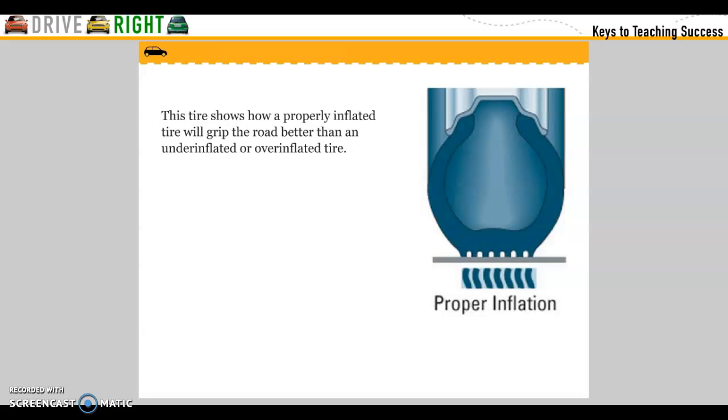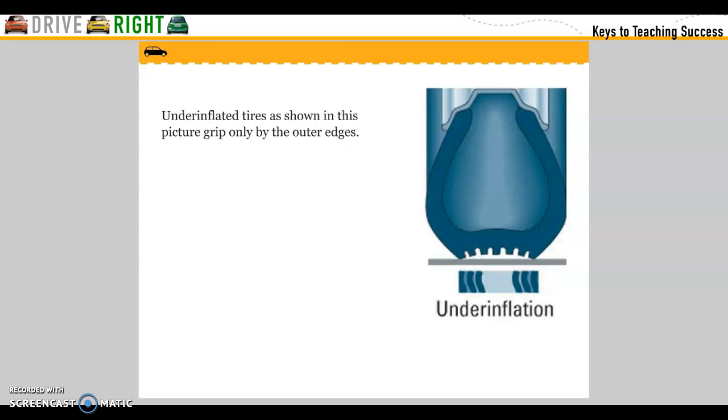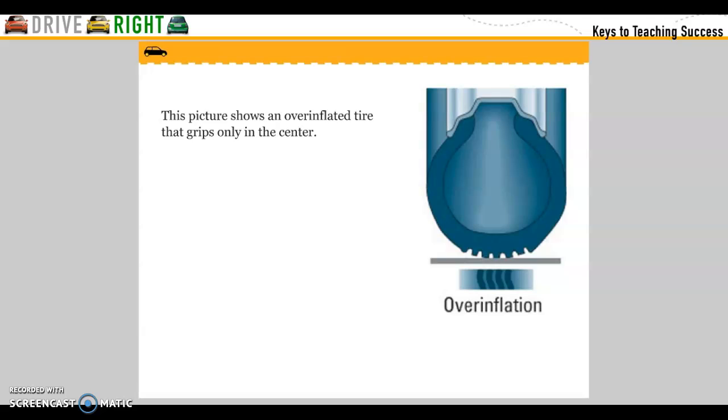This tire shows how a properly inflated tire will grip the road better than an underinflated or overinflated tire. Underinflated tires, as shown in this picture, grip only at the outer edges. This picture shows an overinflated tire that grips only in the center.